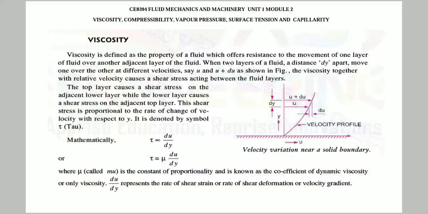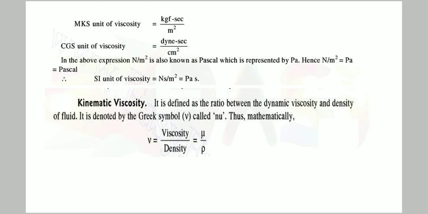Now to remove this proportion, we introduce a proportionality constant which is mu. And this mu is called constant of proportionality, or also known as coefficient of dynamic viscosity, or simply viscosity. Now du by dy represents rate of shear strain or rate of shear deformation, or it is also known as velocity gradient.